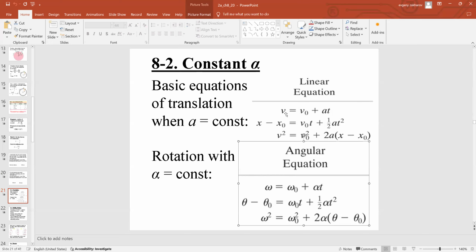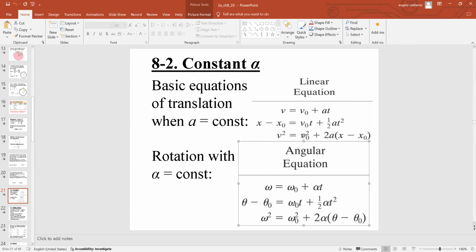Linear velocity at any moment of time, angular velocity at any moment of time, linear initial velocity, angular initial velocity, plus linear, or you say tangential acceleration, plus angular acceleration. And t is just the moment of time, which is the same time as before.